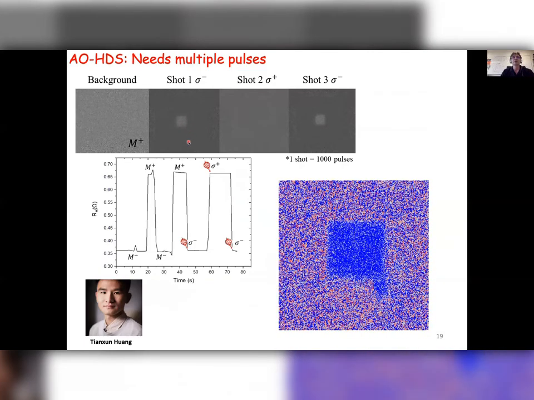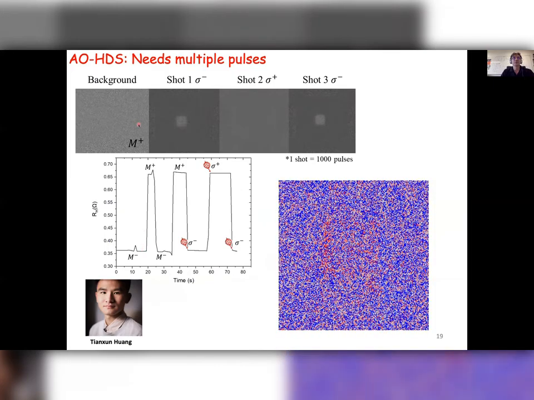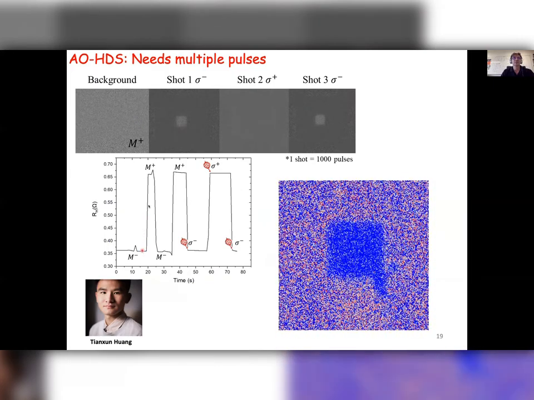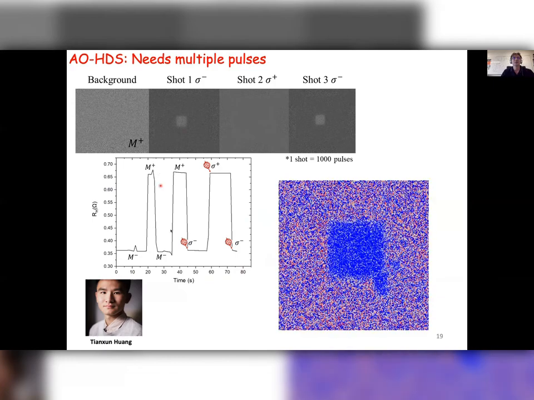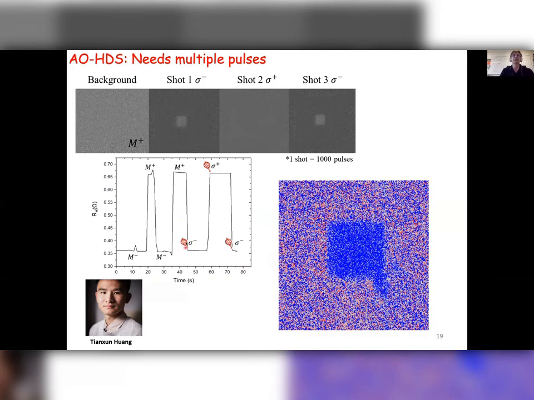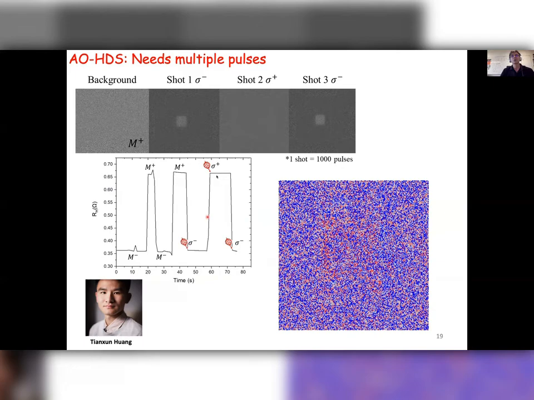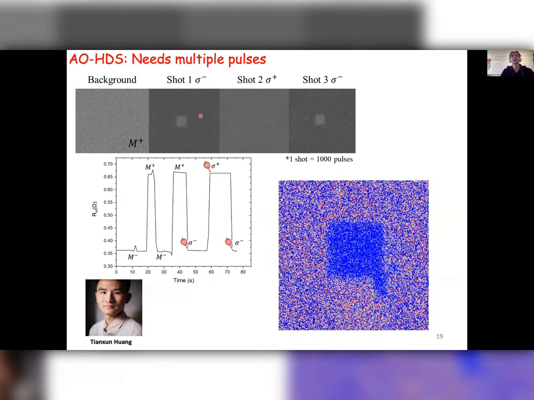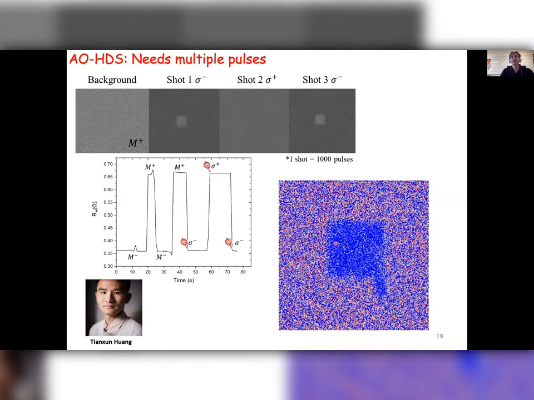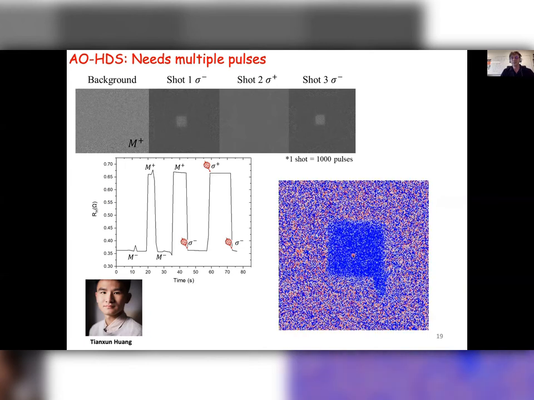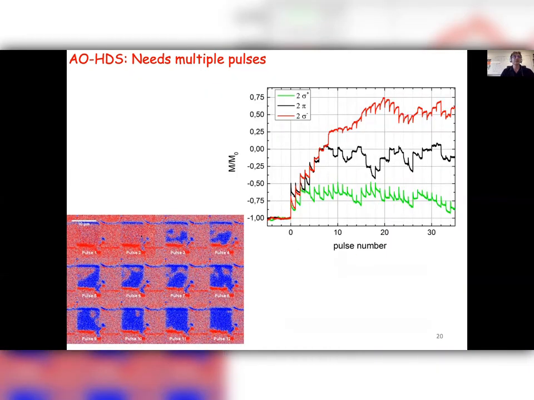Again, we have shown that if you use a magnetic field, you can switch magnetization from up to down, and you have a certain signal. And if you use light and light only, you can also go from one direction to another, depending on the helicity. And here we recorded a movie, and you can see here the first pulses from 1 to 12. So here we can clearly show that we need only 10 pulses in order to switch the material almost totally.